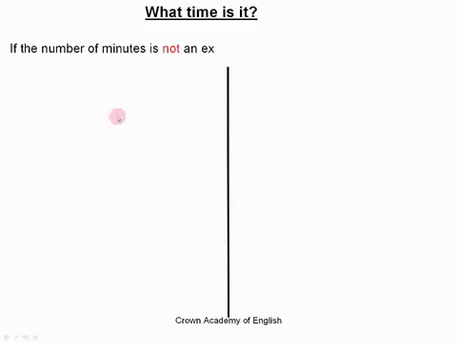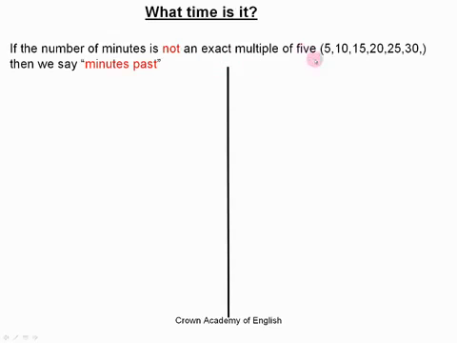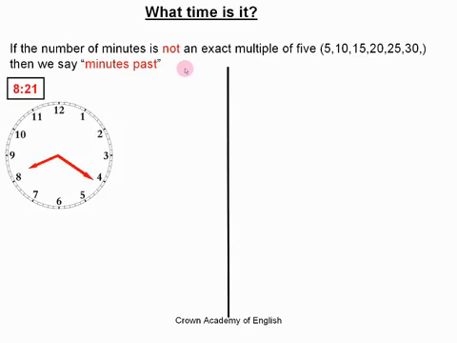Now a special rule. If the number of minutes is not an exact multiple of 5, so here are the multiples of 5, 5, 10, 15, 20, 25, 30, then we say minutes past. Let me show you. So here it is 8:21.